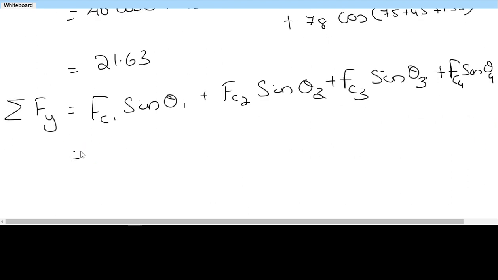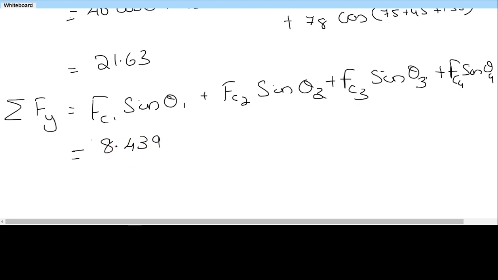Again the angles will remain the same, and all the mass forces are the same, only instead of cos in the earlier equation, you have to take sine, and you will get around 8.439.